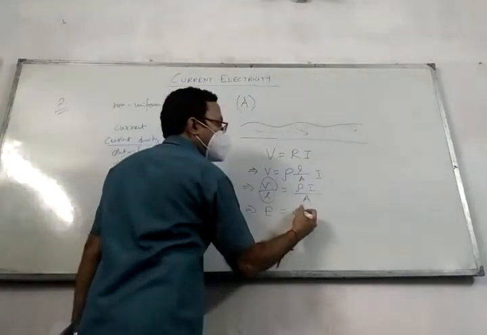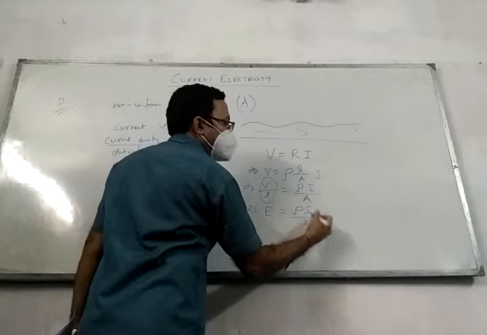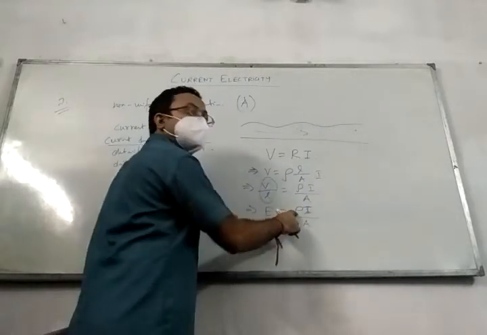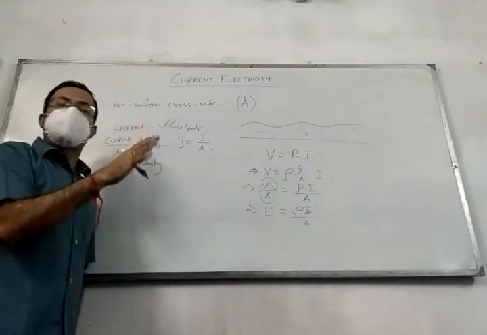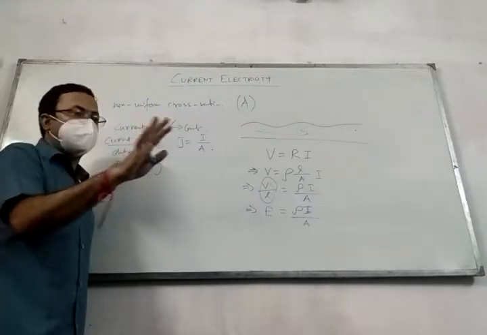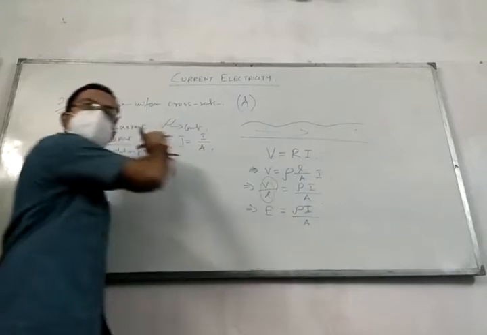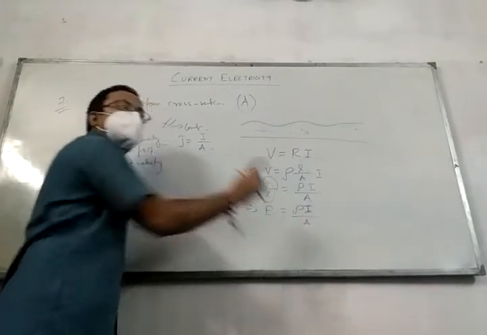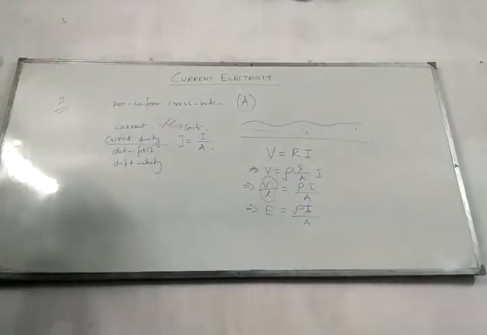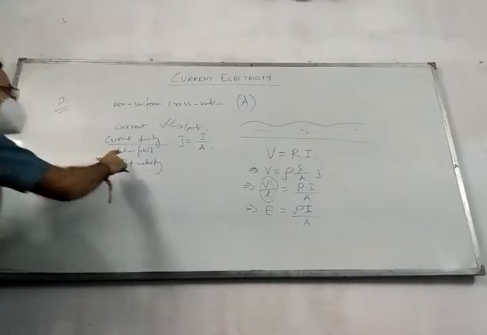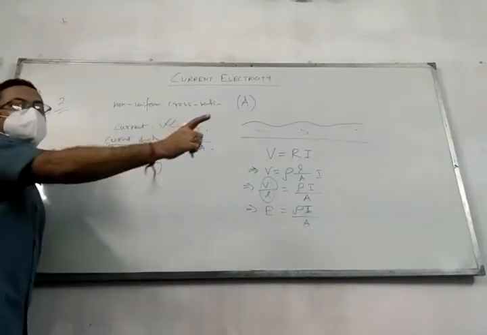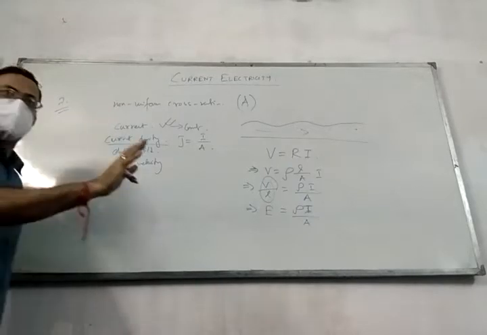So electric field is equal to rho I by A. Now rho is resistivity, which is a constant for a material. I is also constant, we have seen. And area of cross section is changing, and it is inversely proportional, so obviously electric field is also changing.